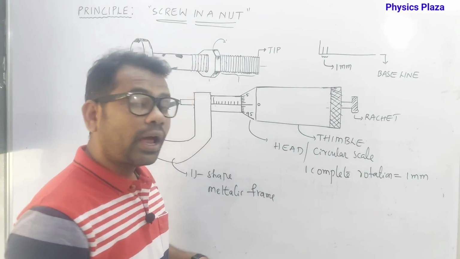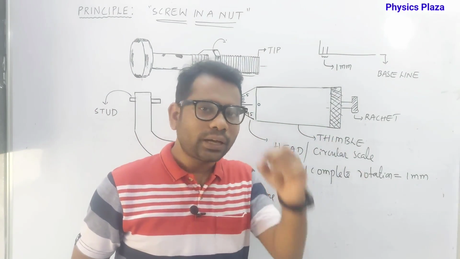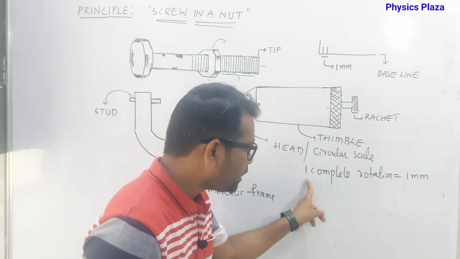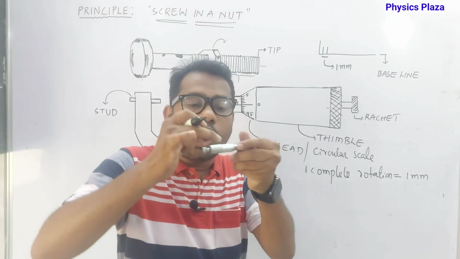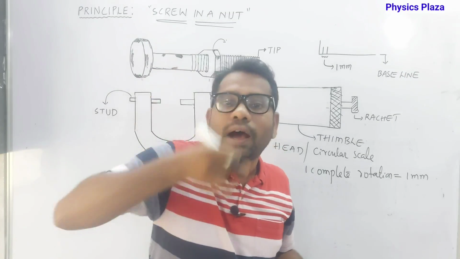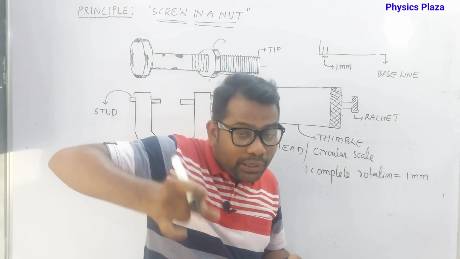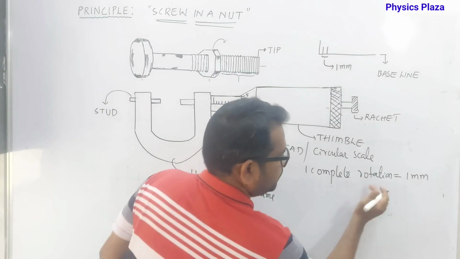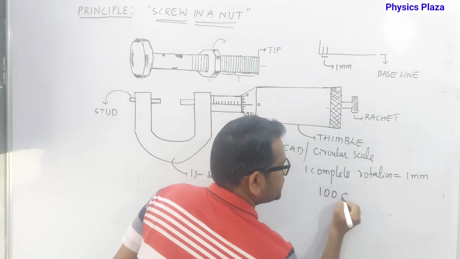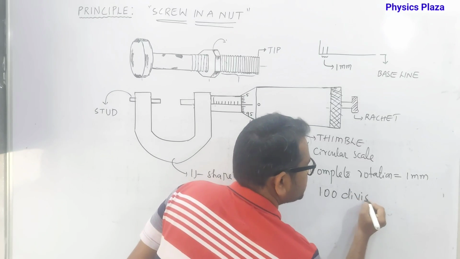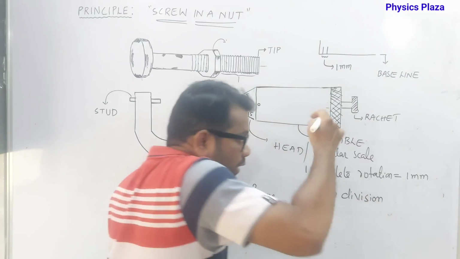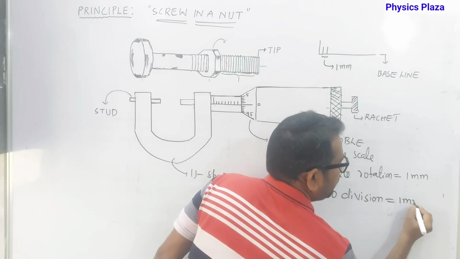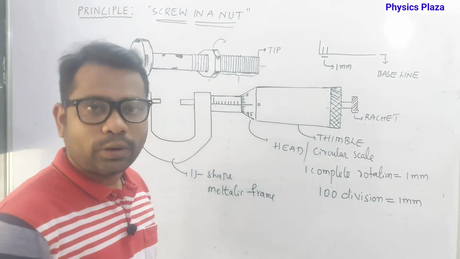Fine. But I want to measure the least distance taken. Children, for one complete rotation, how many divisions are covered on the circular scale? 100 divisions. So one complete rotation equals 100 divisions on the circular scale. If 100 divisions are made for one complete rotation, the screw covers 1 millimeter.